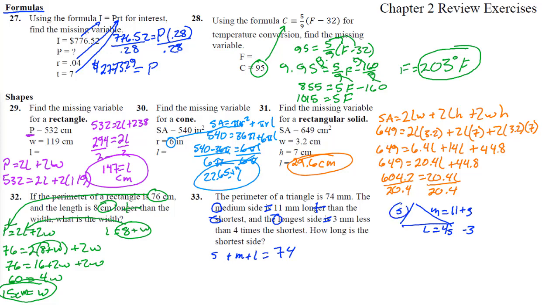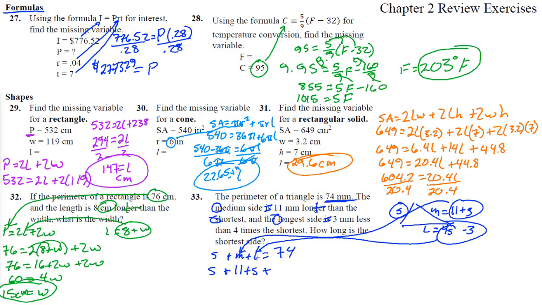So if we add those up, it has to add up to 74 for perimeter. So we have shortest plus medium, which is 11 longer than the shortest, plus the longest side, which is 4 times the shortest, and then 3 less than that, equals 74.